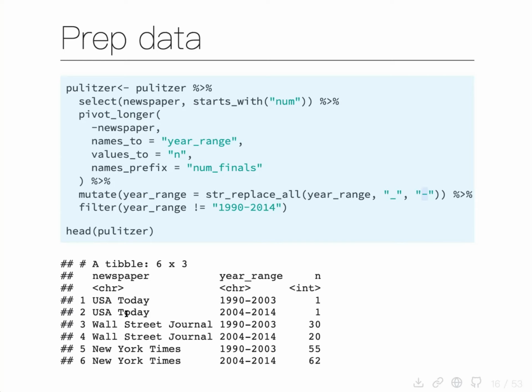So we end up like this. Here's USA Today, we have the year range, 1990 to 2003, and then the number of Pulitzers. I'm operating from here on out as if this is the number of Pulitzer Prize winners, but I actually think it's the number of finalists. I think that's just a mistake, but whatever, it doesn't really matter.